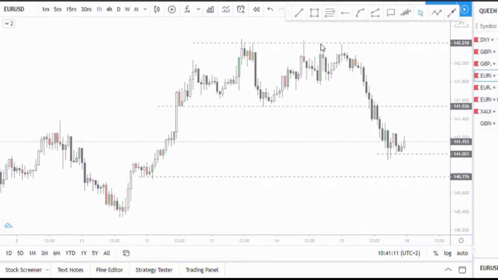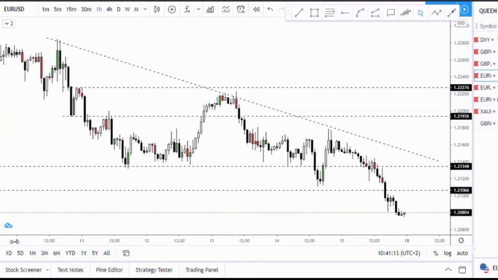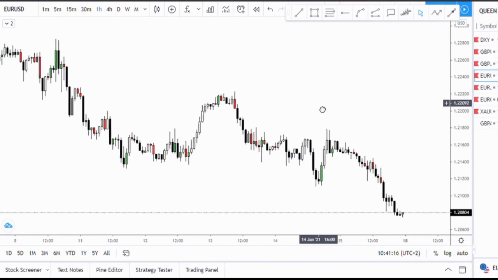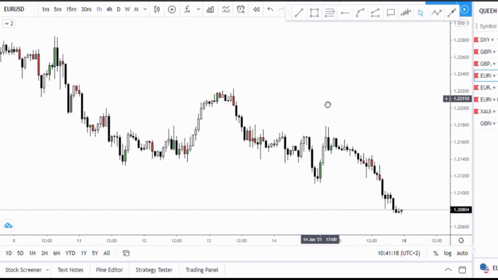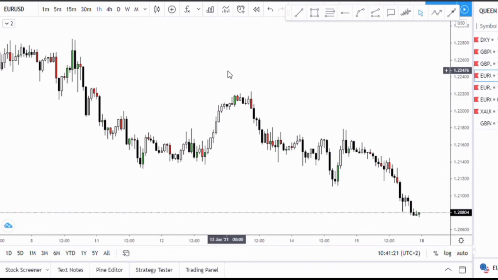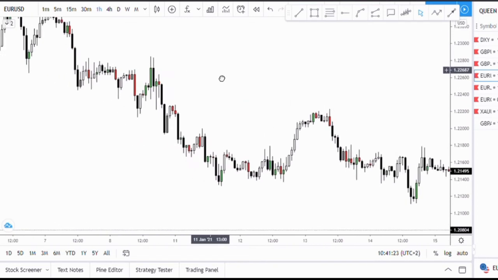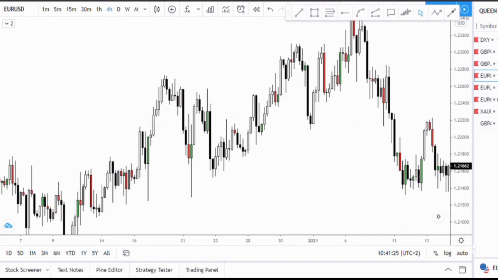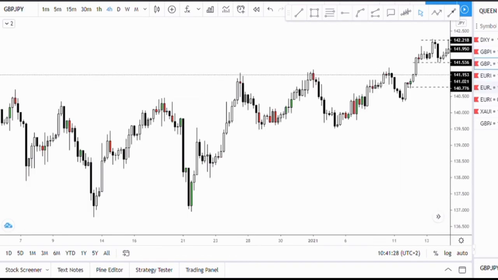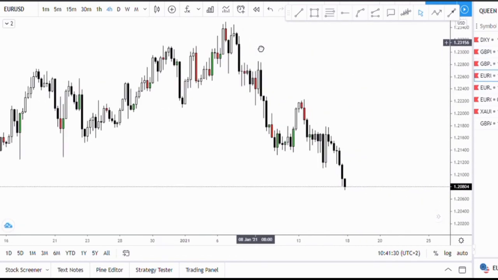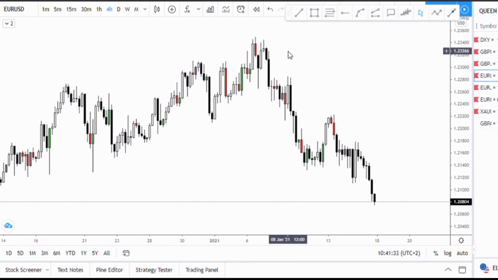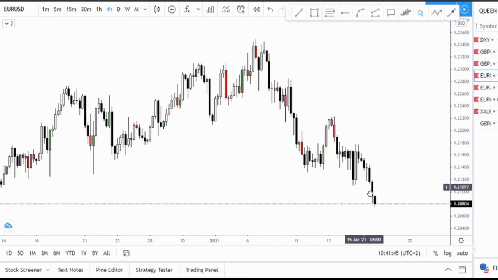So you could trade Euro USD, and if you were here for our previous lesson, you should know that Euro USD followed through with our impulses. So we had 1, we had 2, we had 3, we had 4, and we had 5.